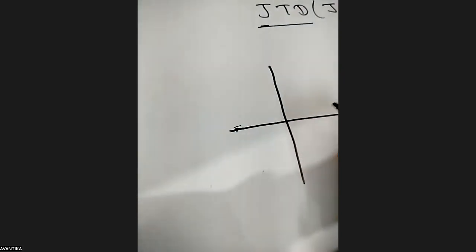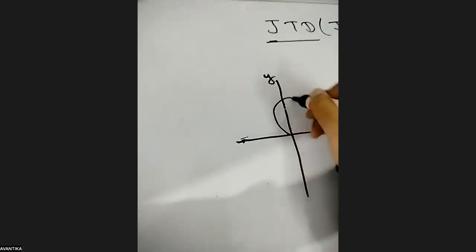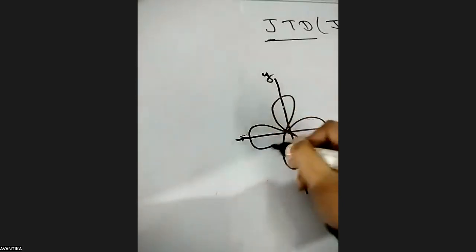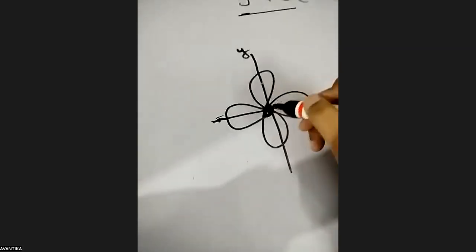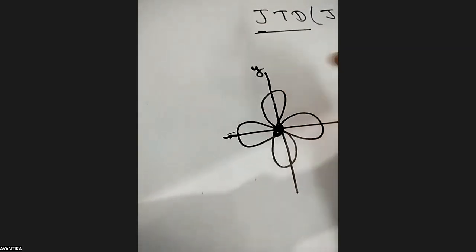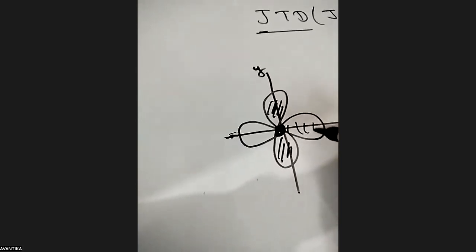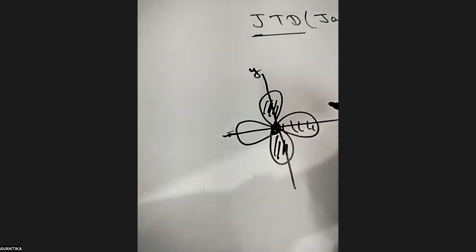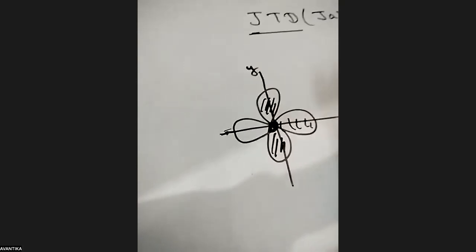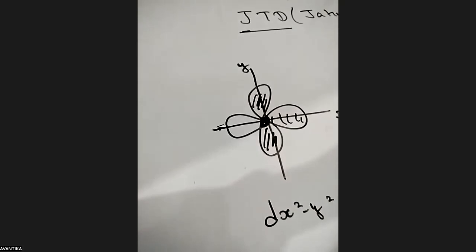If the electron is present in the dx square minus y square orbital, then there will be less Z effective because of the shielding effect. So in dx square minus y square, due to less Z effective, its bond length will decrease as compared to the z axis, and so in the case of dx square minus y square, Z-in occurs.